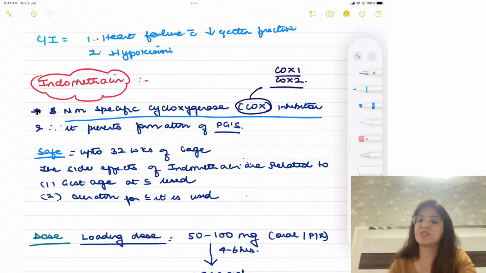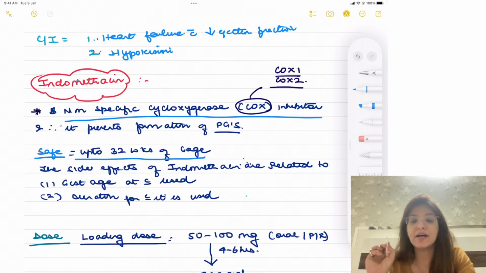It is non-specific, and that is why it prevents the formation of prostaglandins. In the first lecture, I told you that if prostaglandin levels are decreased, it inhibits uterine contractions, right?